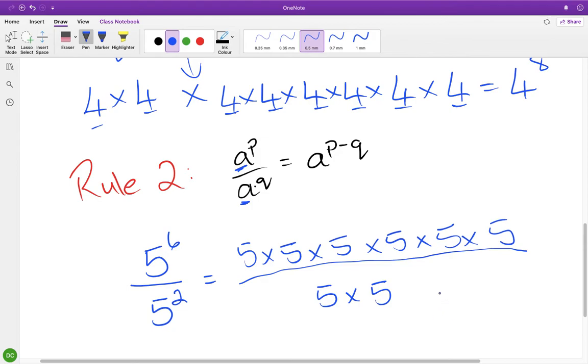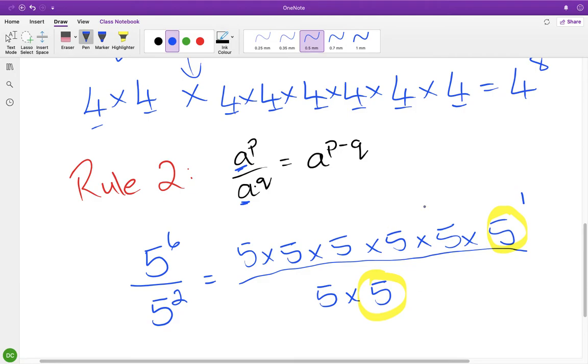So if I pair, I have a 5 here divided by a 5 here. 5 divided by 5 is 1, which isn't going to make any difference. If you multiply anything by 1, 1 is the identity. So if you multiply a 5 by 1, you're just going to get a 5, or a 10 by 1, you're just going to get a 10.